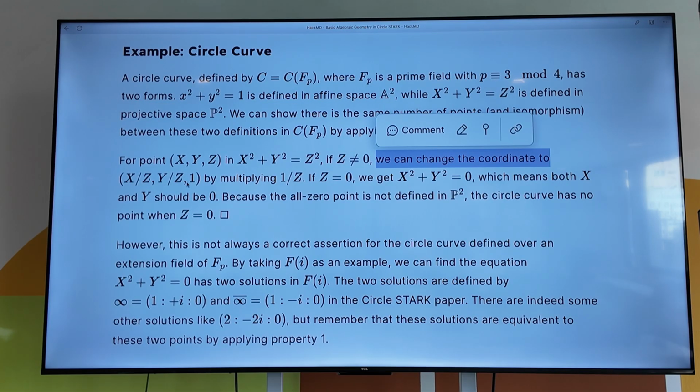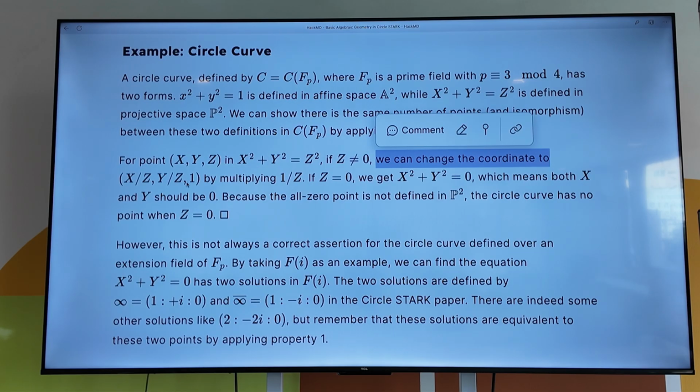When z is zero, we get x squared plus y squared is equal to 0, which means x and y should be 0, because we calculate this over Fp.